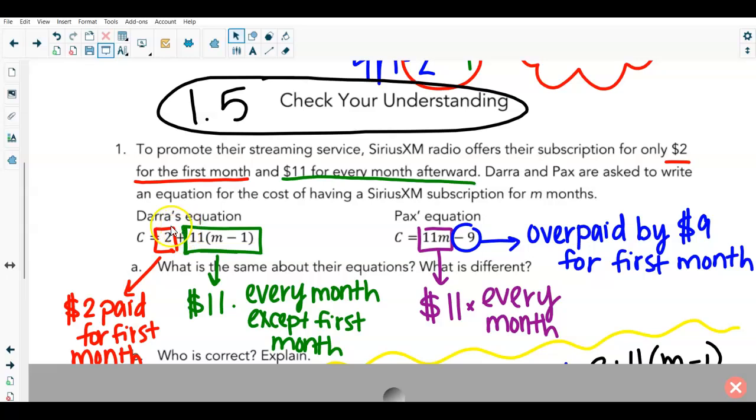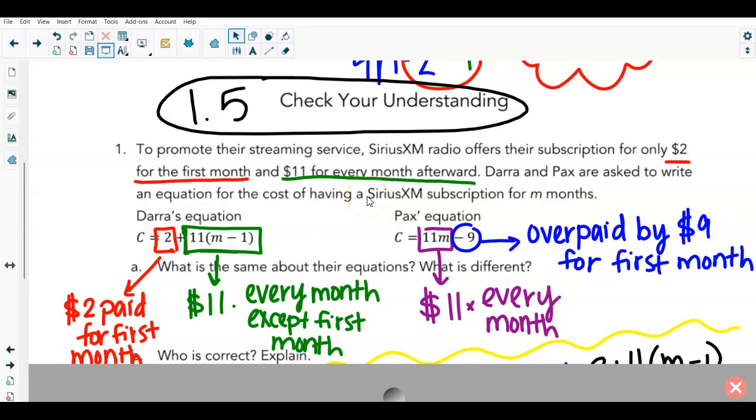This $2 for the first month, we're just going to pay 2 straight up dollars for that. But then they're going to charge you $11 times every month you have after the first one. So whatever months you're on, you're going to take off the first month because that's already paid for in this $2. So that's where the m minus 1 comes from. For every month after the first one, you'll multiply that by $11 to see your total.